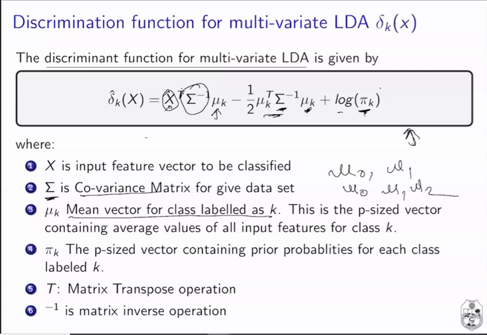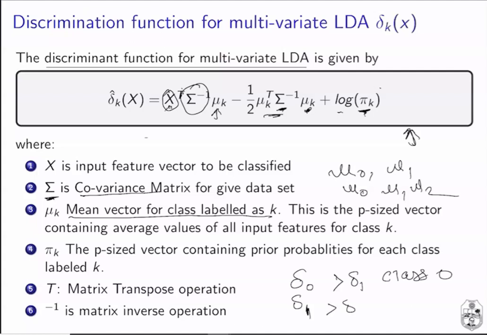And as we have seen, if there are two classes in binary classification, we get two different discriminating function values, one corresponding to delta 0 and another corresponding to delta 1. If delta 0's value is greater than delta 1, then class 0 is assigned.